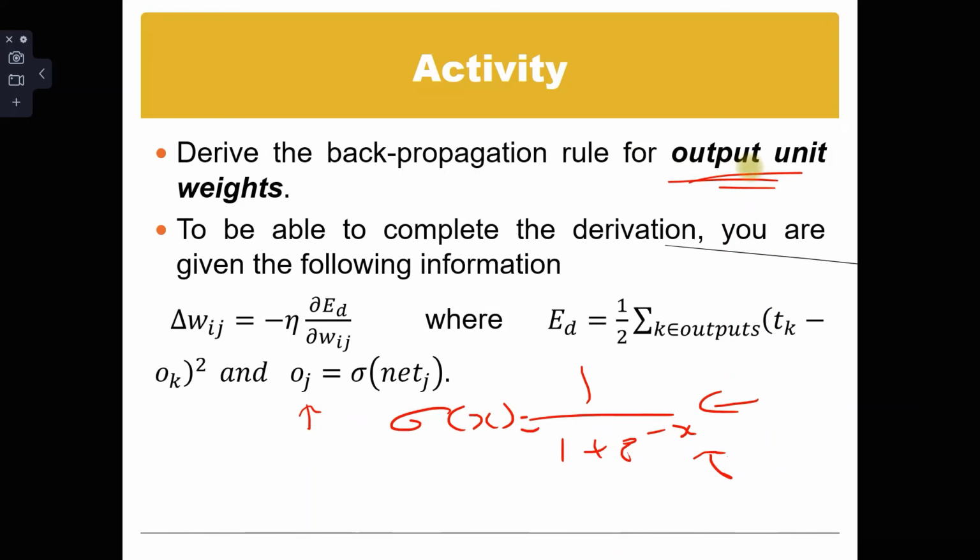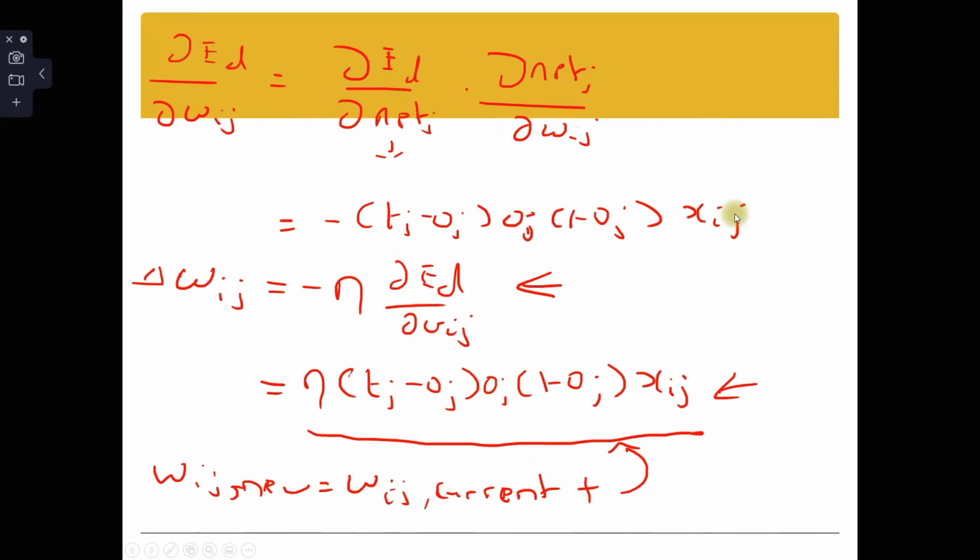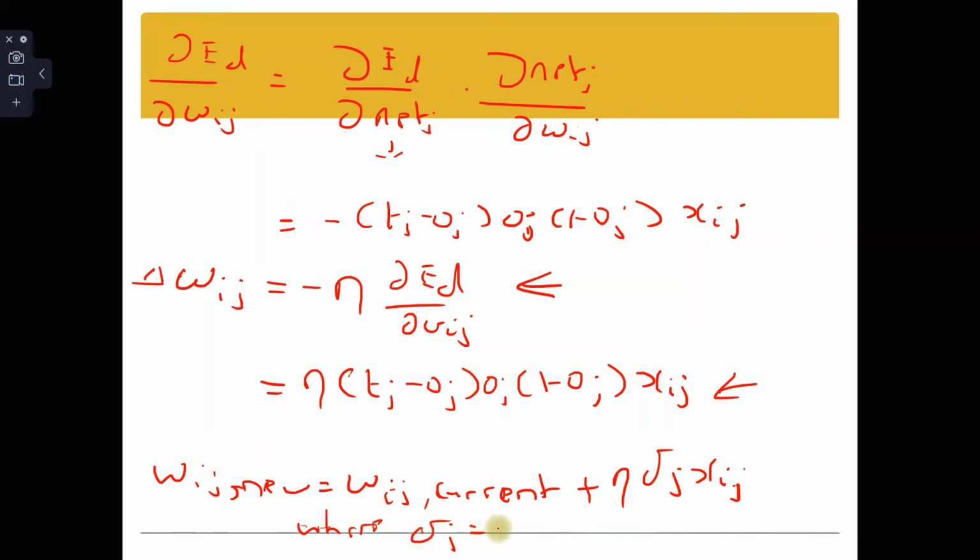I repeat, this is applied only for the output units for the time being. Then you have another rule for the inner nodes that I'm going to get into afterward. But before I move on, it's always good that you understand something. I can write this down like that: eta delta j xij, where delta j is equal to tj minus oj into 1 minus oj.